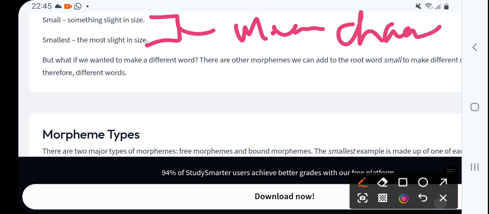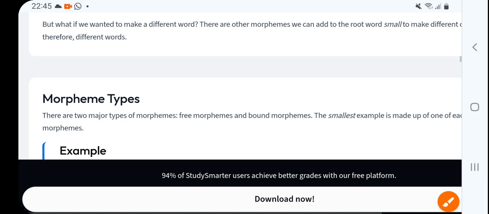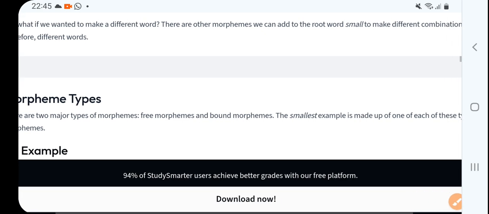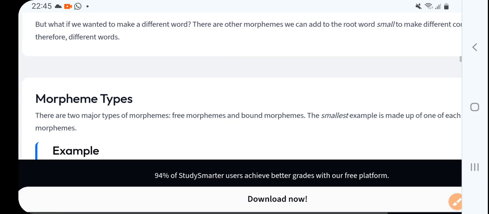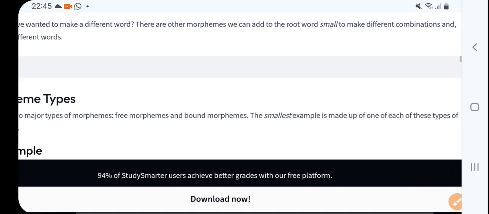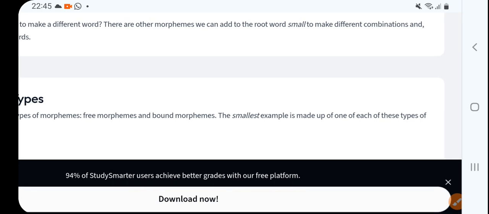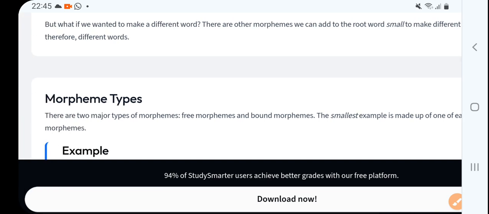But what if we wanted to make a different word? There are other morphemes we can add to the root word small to make different combinations and therefore different words.